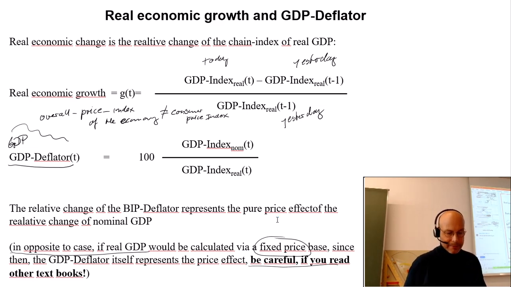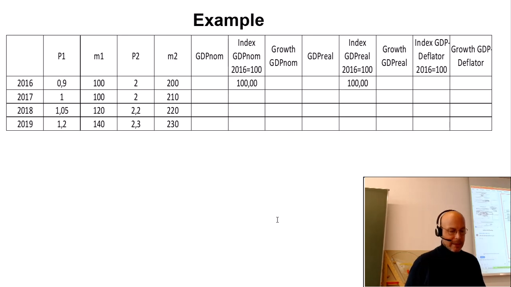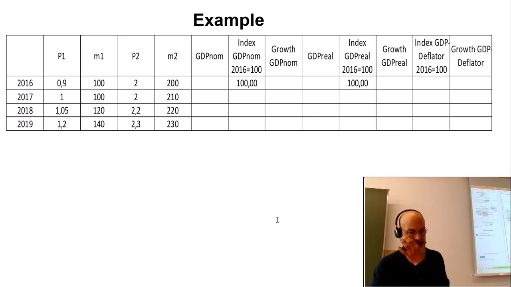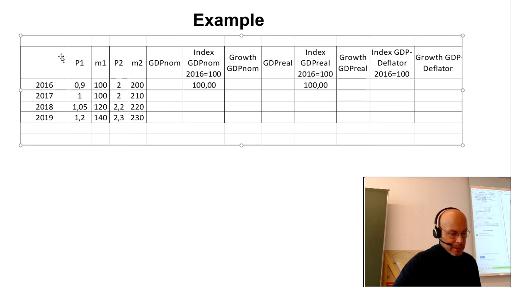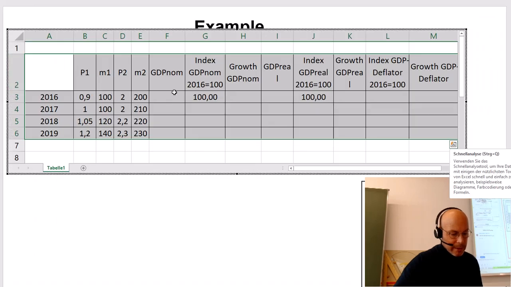Okay, so this was the theoretical concept, and then we want to do one little example where we look at just a two good economy with quantities Q1 and Q2 and the price development of P1 and P2. So this is a picture. I think this one I can click on this? Yeah.